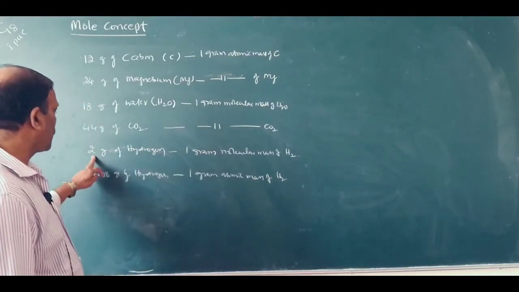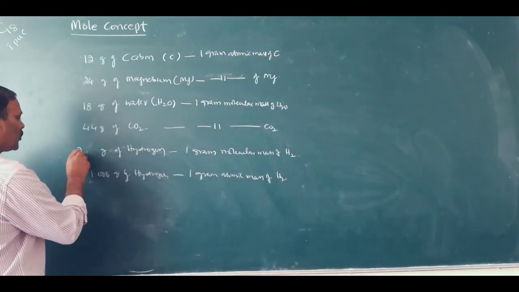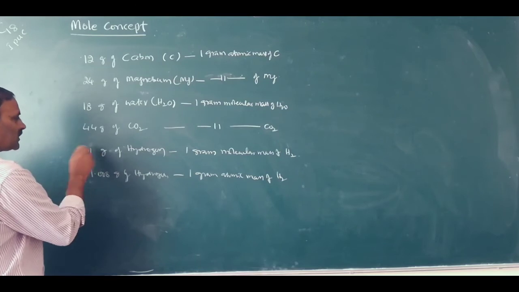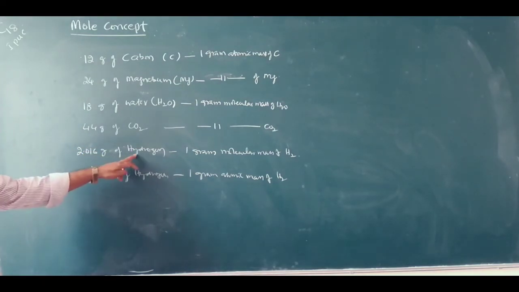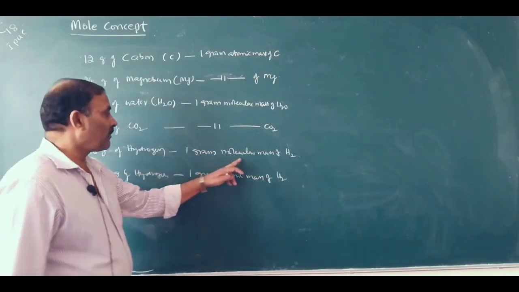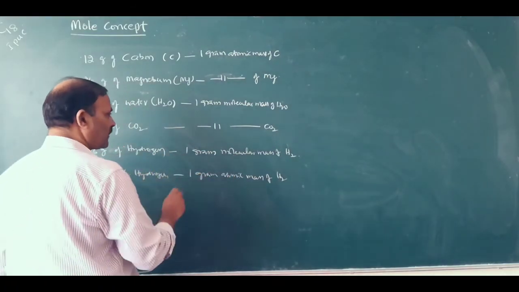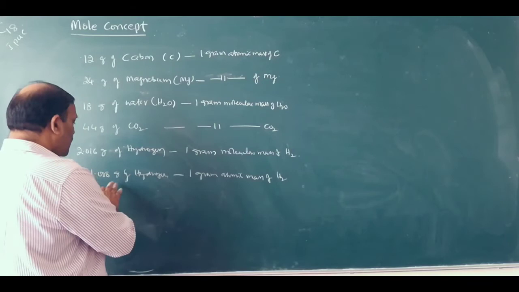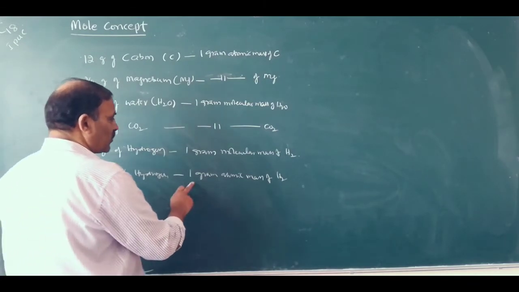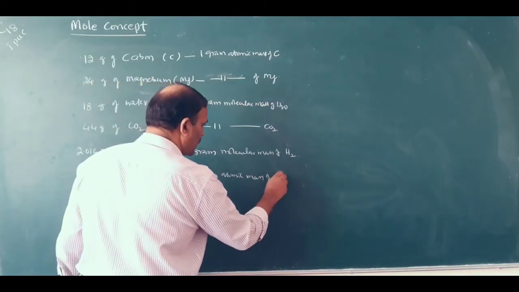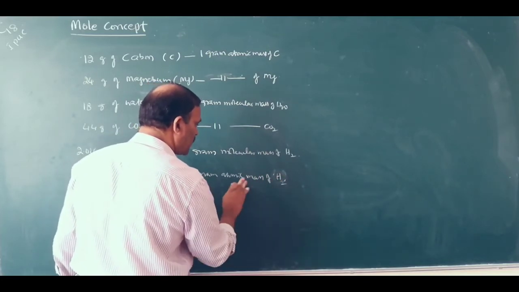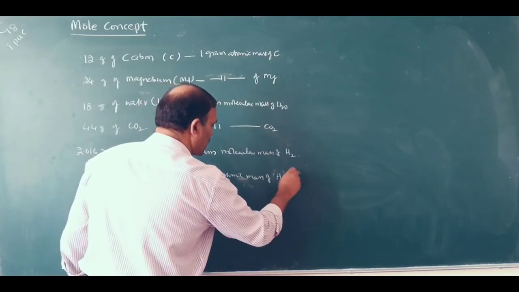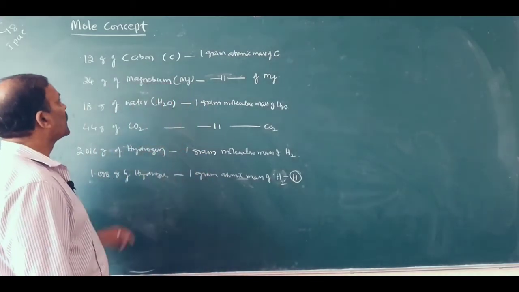So 2.016 gram of hydrogen means 1 gram molecular mass of hydrogen, and 1.008 gram of hydrogen means 1 gram atomic mass of hydrogen. So here we have considered atomic mass.